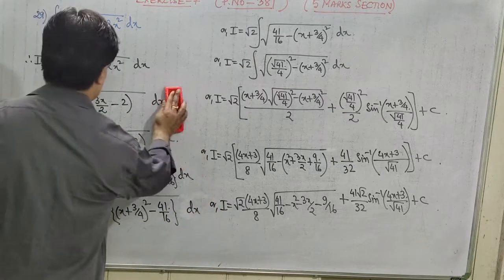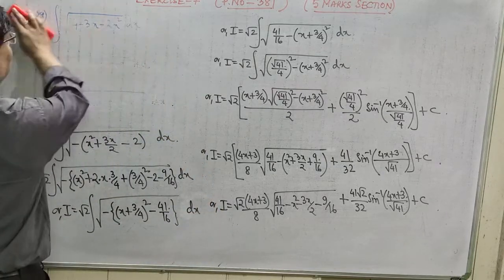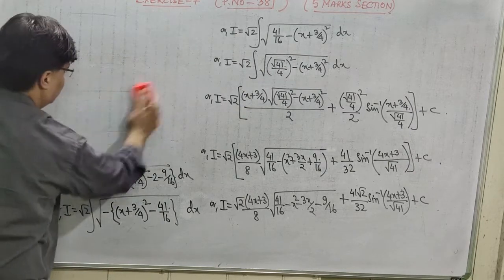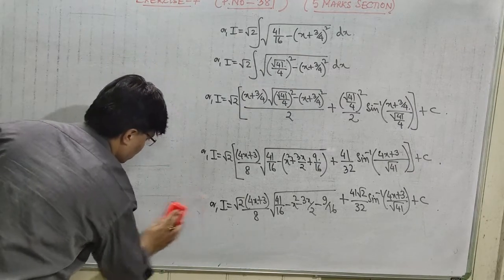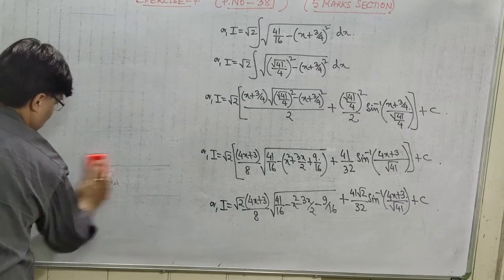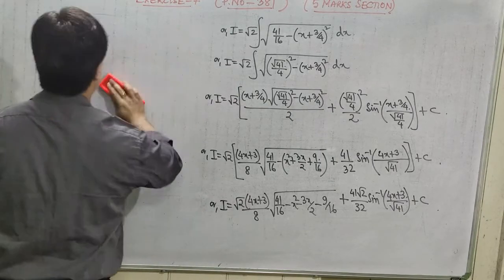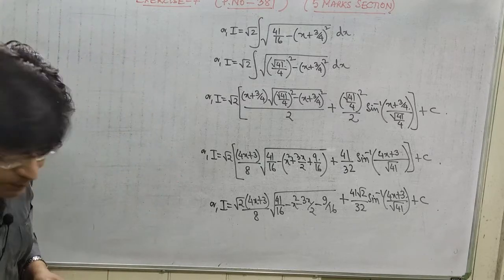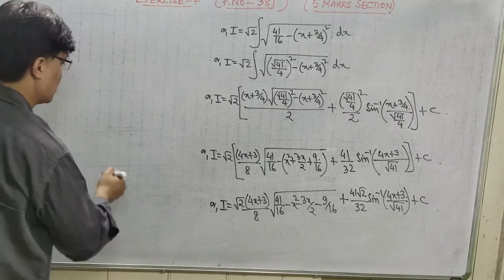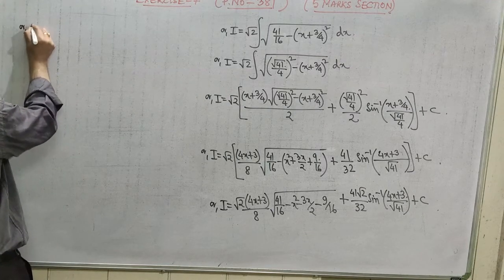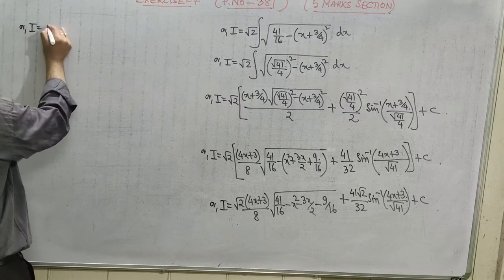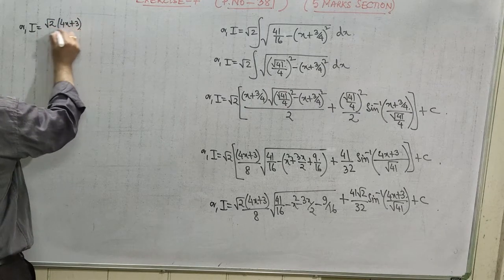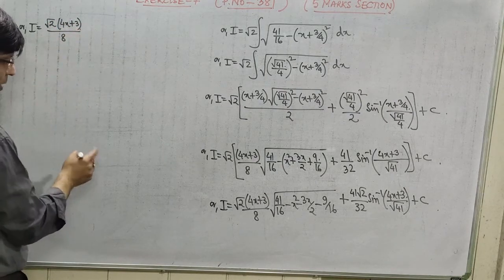Okay. So let us simplify it further now. What we will do in the next step? Let us simplify the expression within square root. I is equal to root 2 into 4x plus 3 divided by 8, right?